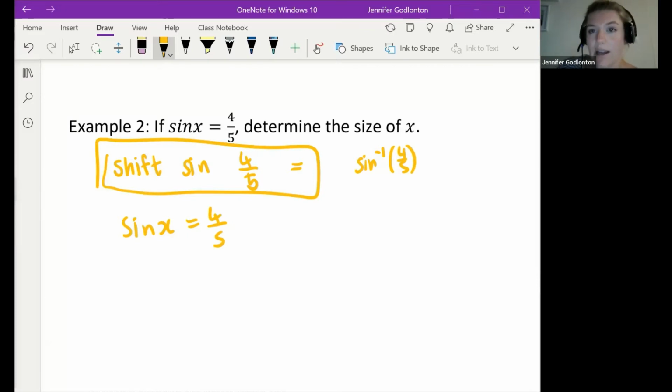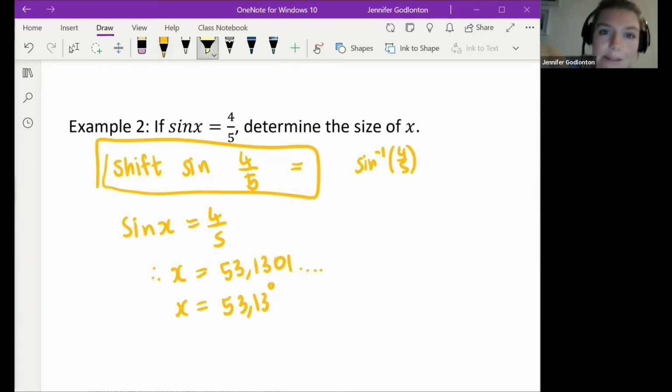If it doesn't look like that, then we have a problem. When we push equals, we should see that x is equal to 53.1301, and so on. But we wanted it to 2 decimal places, which means x is equal to 53.13 degrees. If that degrees is not there, you will lose a mark because it's an angle.